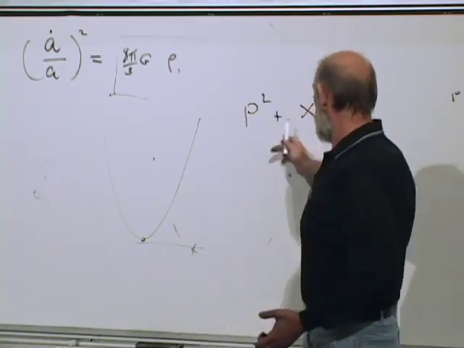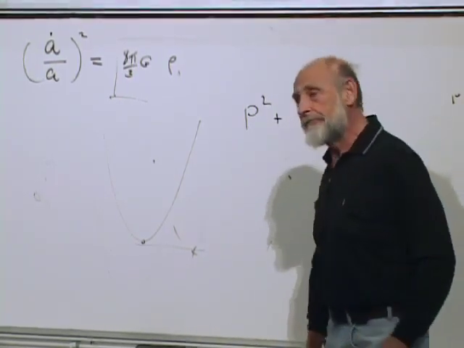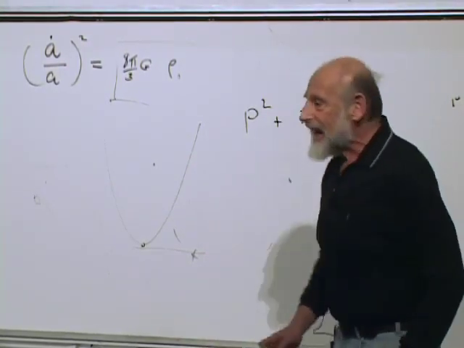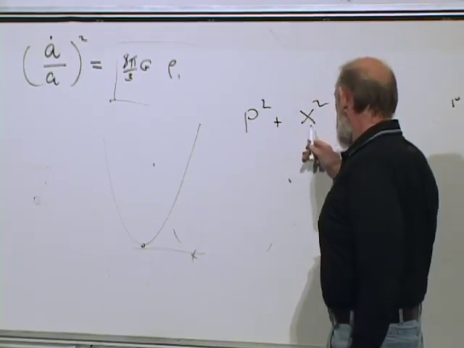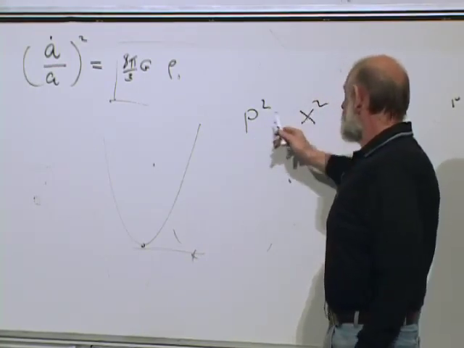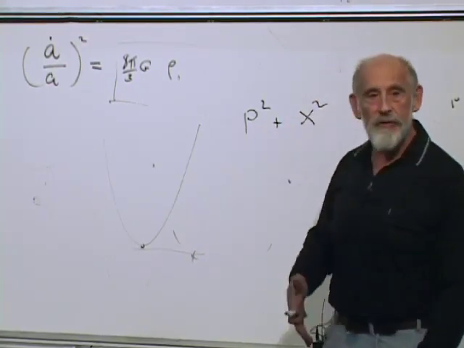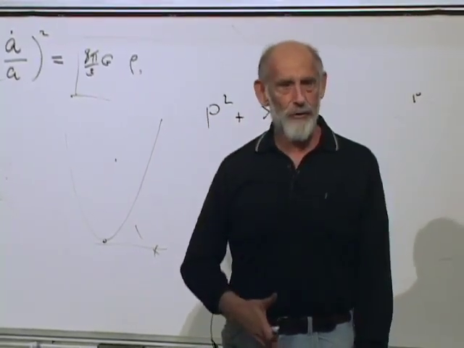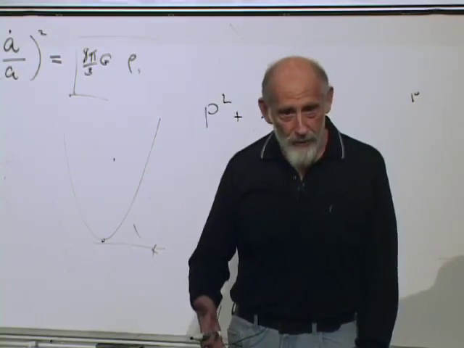P squared plus x squared, both of these terms are equal to 0. The Heisenberg principle does not allow there to be a state in which both x and p are simultaneously knowable, in the language of quantum mechanics, diagonalizable.